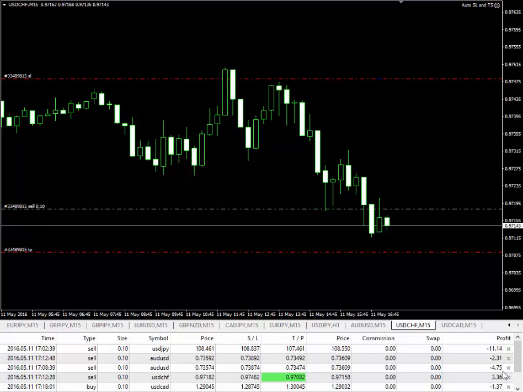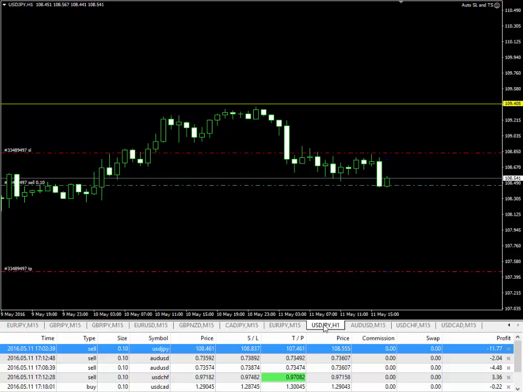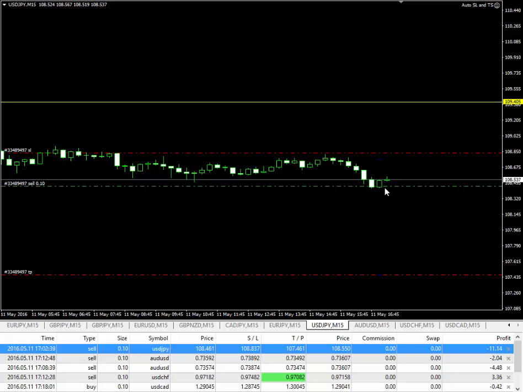And this one is going into loss. USD JPY, let's have a look. USD JPY is on the 1 hour. Let's change it to 15 minutes. Okay, here is the sell, and here's the stop loss, and here is your take profit.